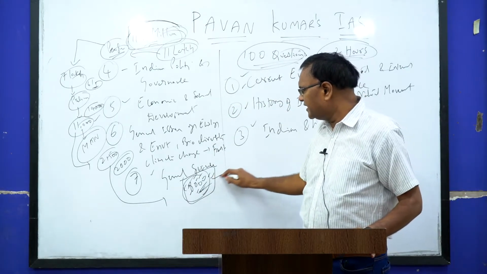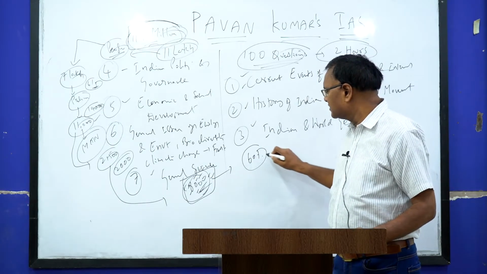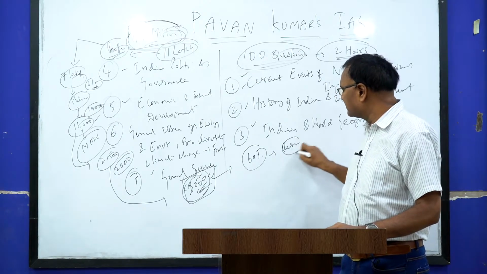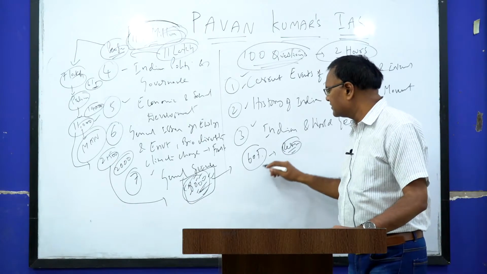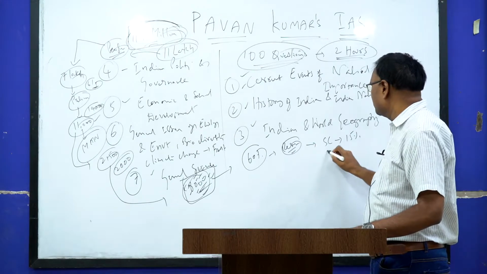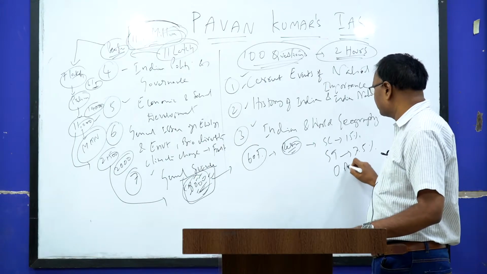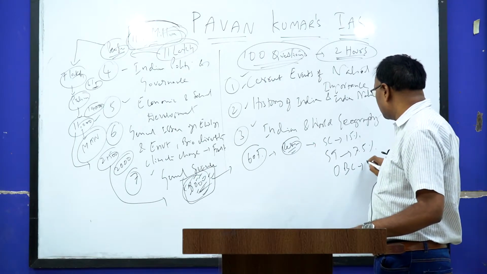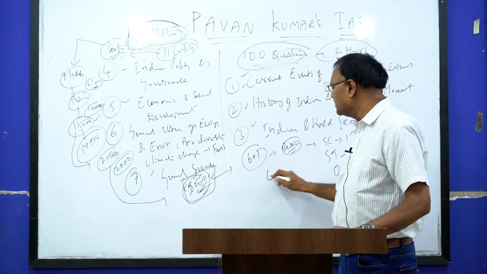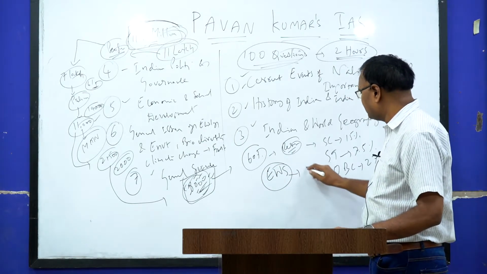And out of this 800, almost 60% are recruited through reservations. We have reservations for scheduled castes 15%, scheduled tribes 7.5%, other backward classes 27%. Then last year the Government of India introduced EWS reservations also, economically weaker sections, around 10%.